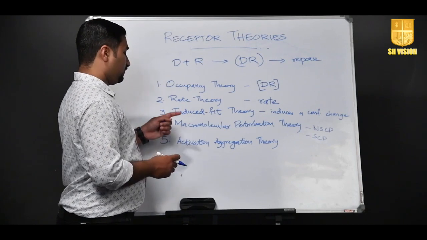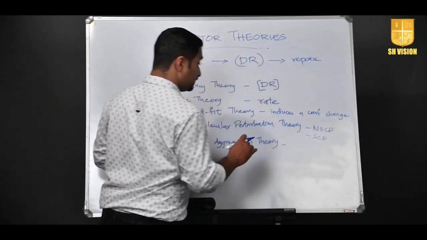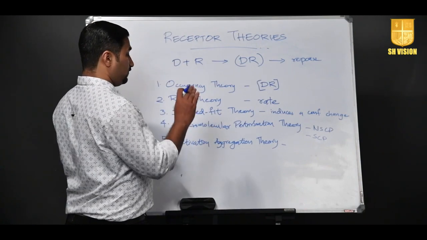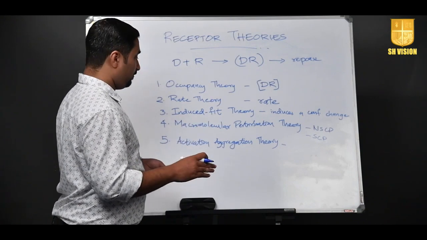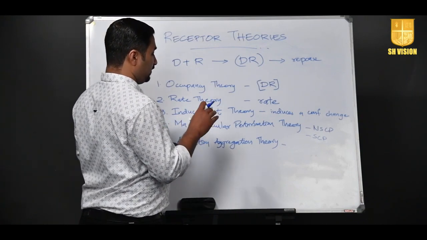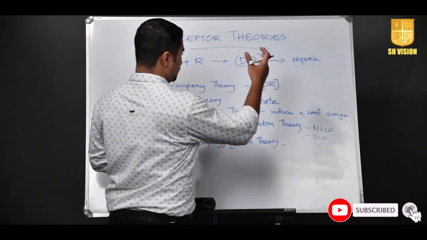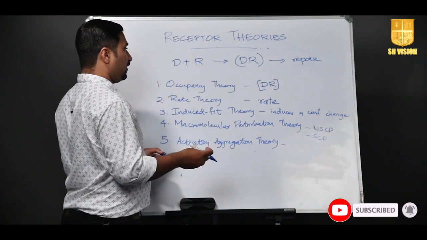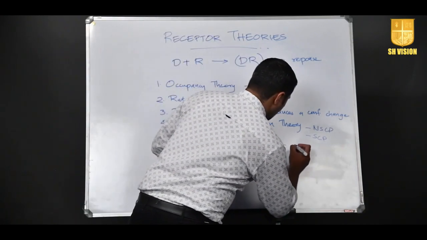And finally, in activation aggregation theory, in the absence of the drug, there are two forms present, and they are in a dynamic equilibrium. So when the drug binds to the active form, you will get a response, and when the drug binds to the inactive form, you will get no response.